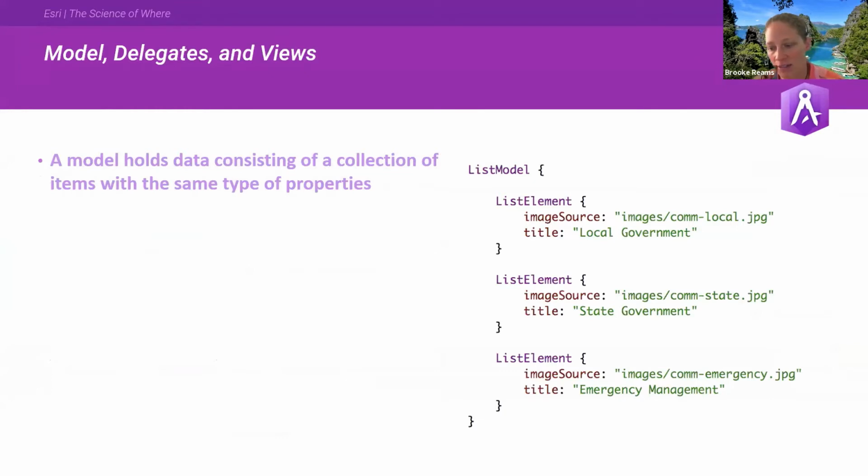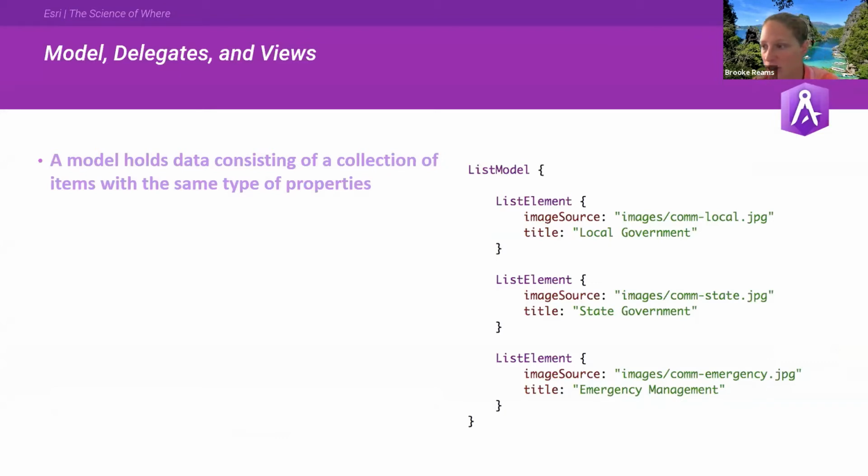And it's really useful because, for example, on a mobile phone, you might want to show a list of images in a list view, but on a tablet, you might want to show it in a grid view. And so by keeping the data separate from the view, you can easily change out the view without changing the data.